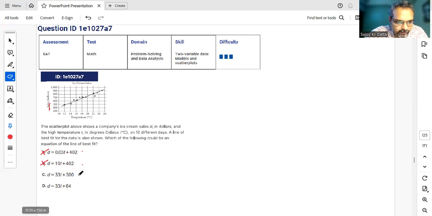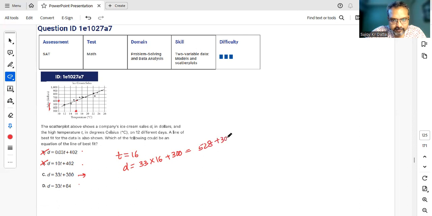Now, between the other two, you can just pick and choose. For example, we can pick a number like at 16, the value is 600. So if I plug in T as 16, and let's try with this one, D would be 33 times 16 plus 300. Now 16 times 33 is 528 plus 300.